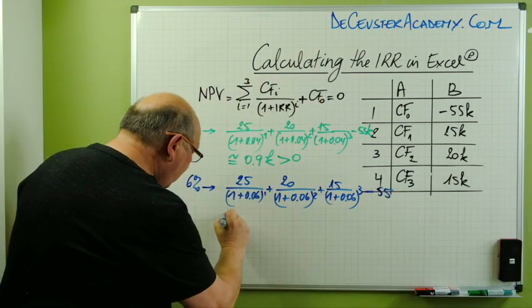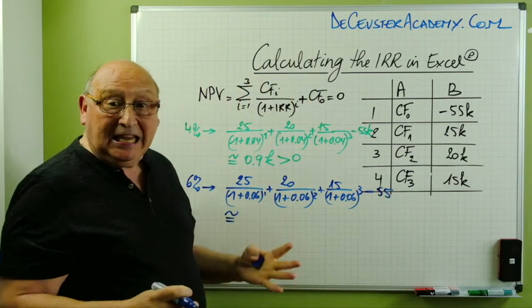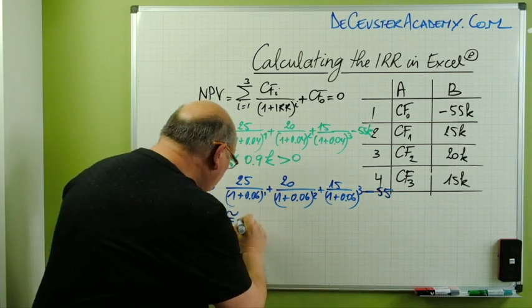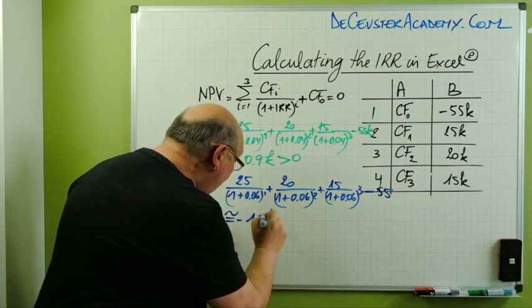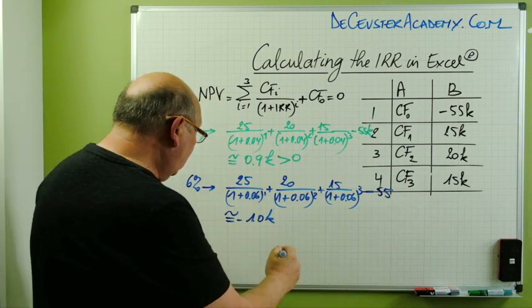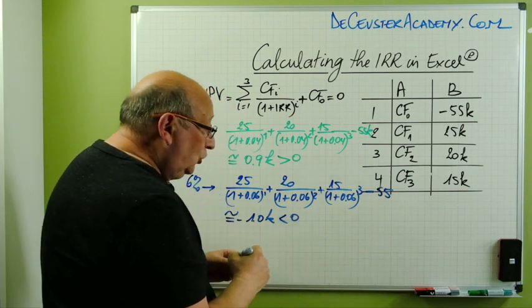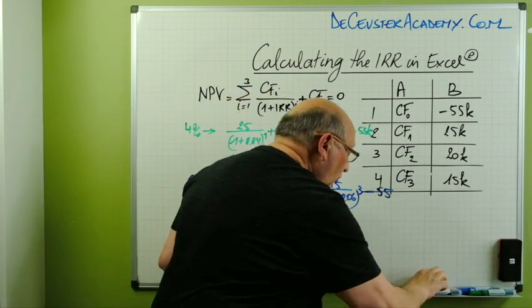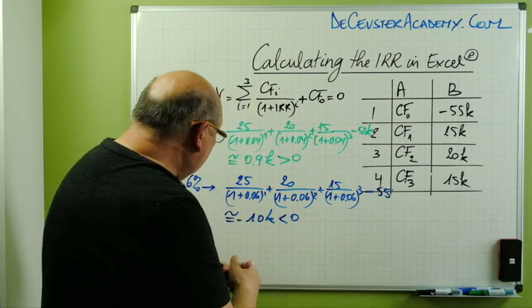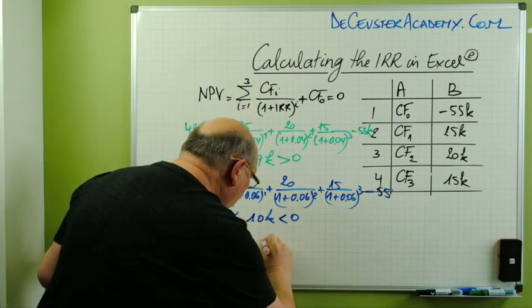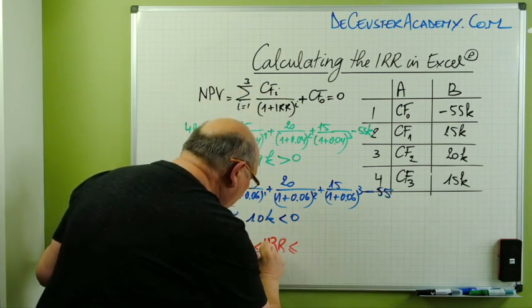And we see that this is approximately equal to minus 1.0K, which means this is negative.